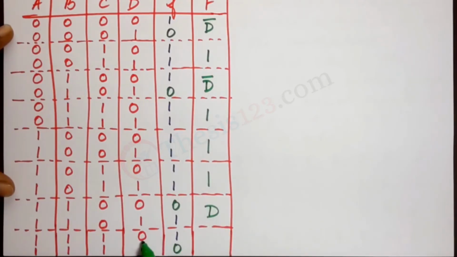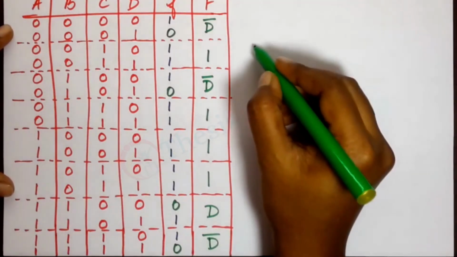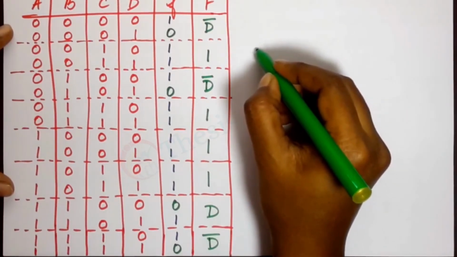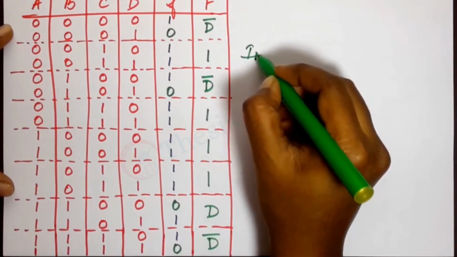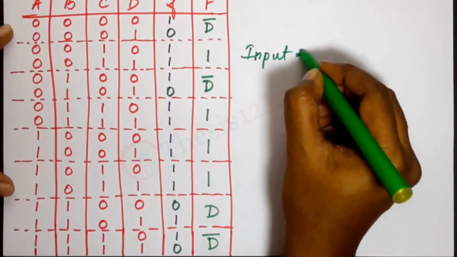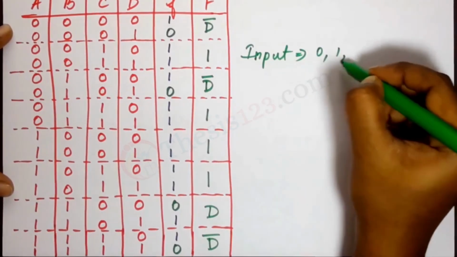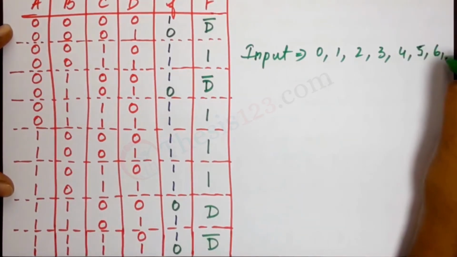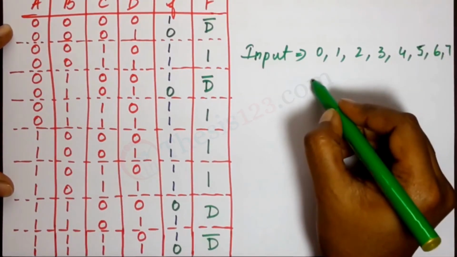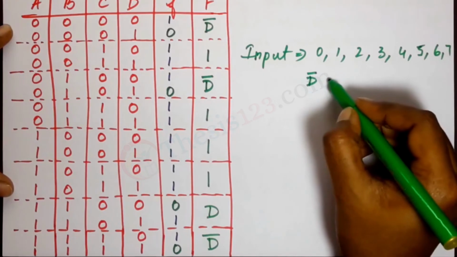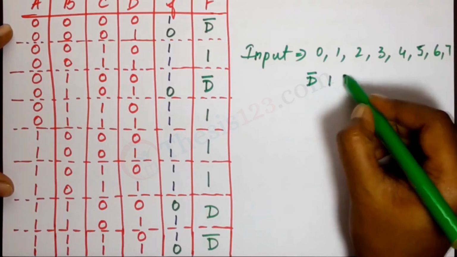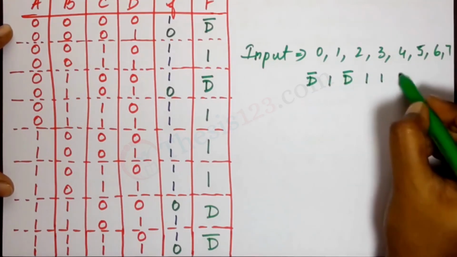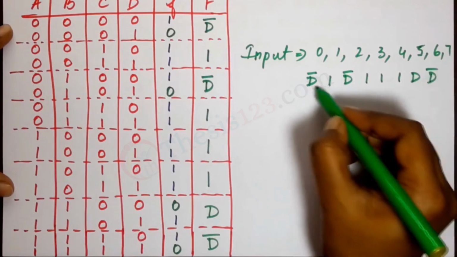And finally, for 0, it is 1. For 1, it is 0. That's D complement. So the inputs for 0, 1, 2, 3, 4, 5, 6 and 7 are D bar, 1, D bar, 1, 1, 1, D, D bar.